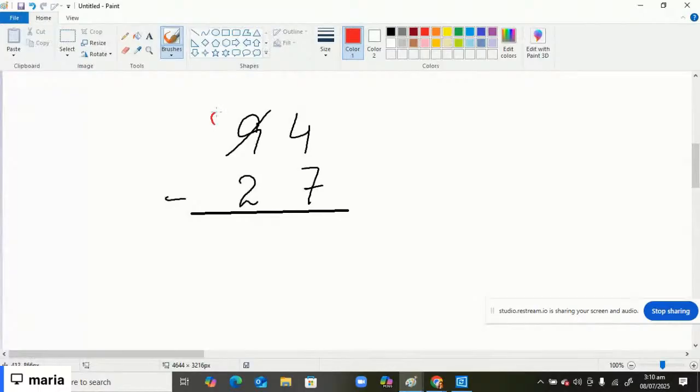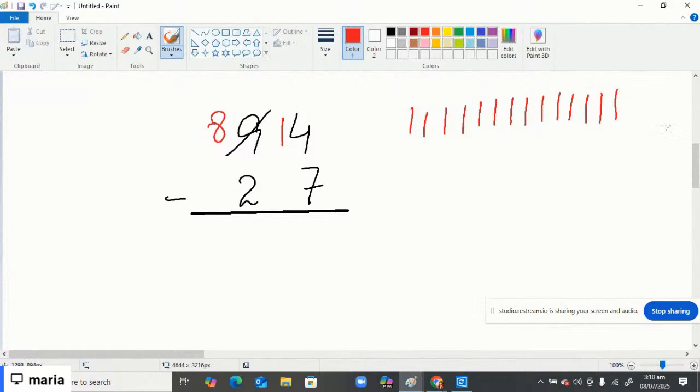So our 9 becomes 8 and this 4 becomes 14. Now draw the 14 lines. 1, 2, 3, 4, 5, 6, 7. So here I draw 14 lines.